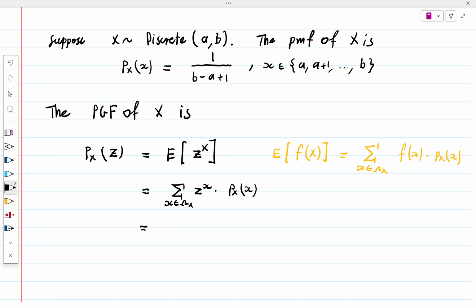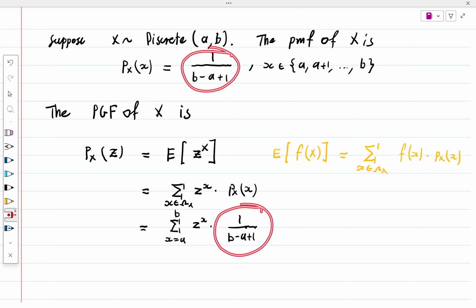So we can rewrite that summation as x equals a to b. We've still got z to the x times 1 on b minus a plus 1 as our probability mass function from above.